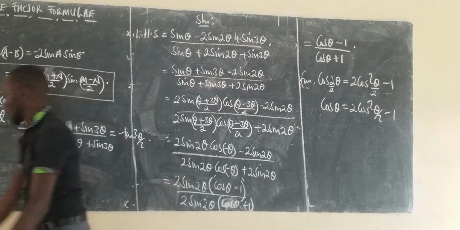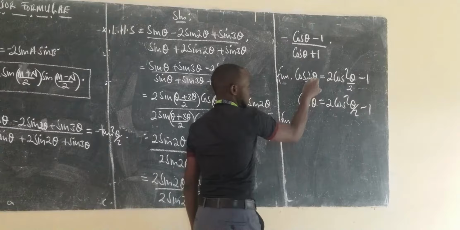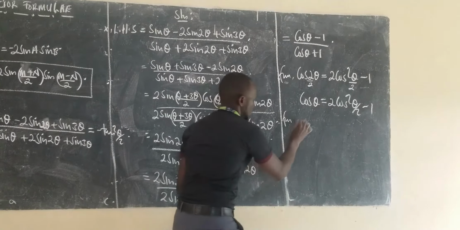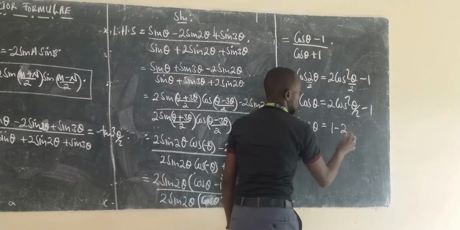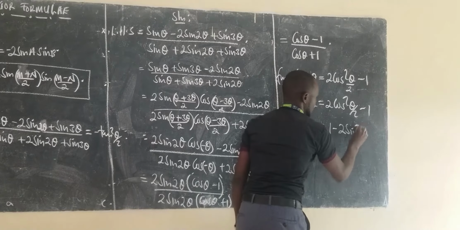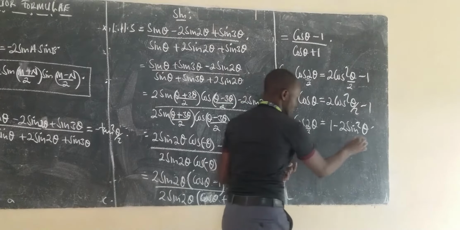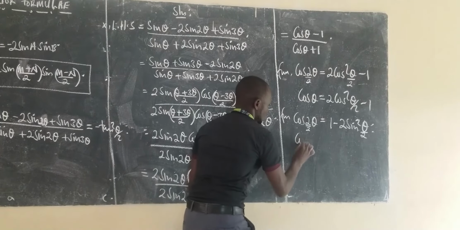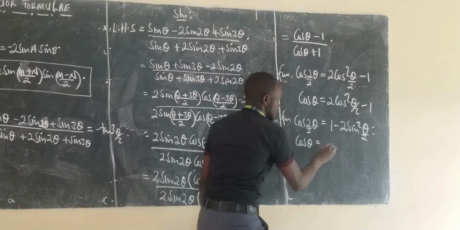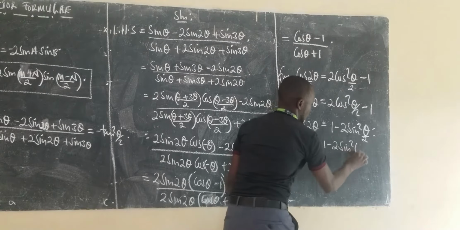Still, from the same ratio, cos 2 theta is 1 minus 2 sine squared theta from double angle. So when this angle divides, also this one divide to create a half angle. So you'll have cos theta as 1 minus 2 sine squared theta over 2.